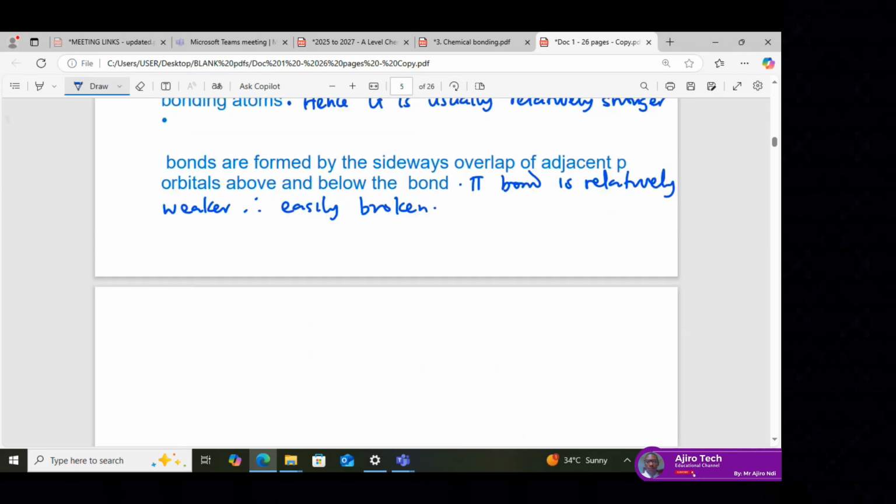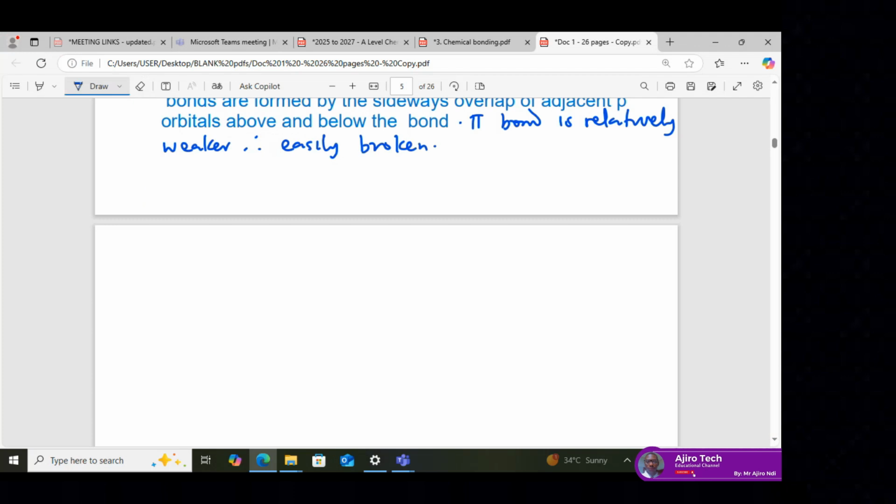Now, to prove this point, look at the booklet. They said the carbon-carbon single bond value is 350 kilojoule per mole. A carbon-carbon double bond is 610.